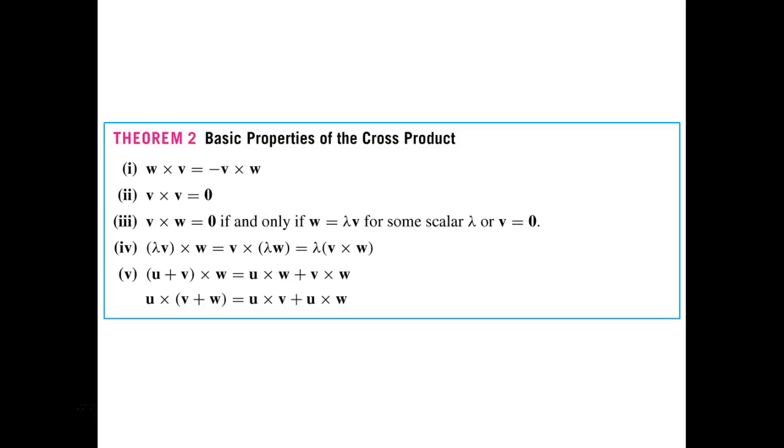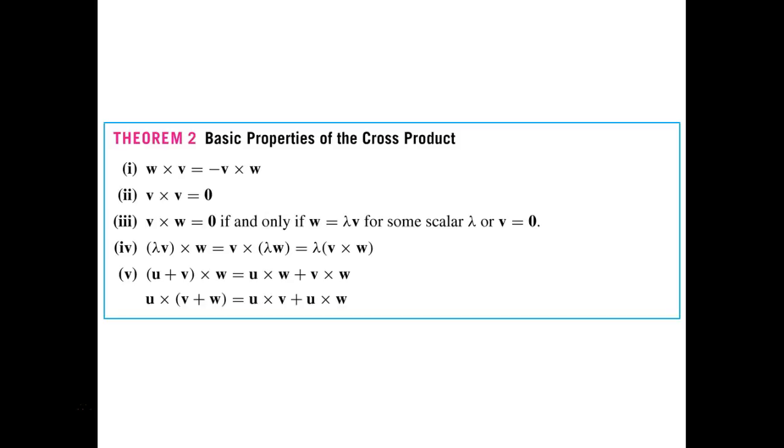Or the only other possibility then would be if V was the 0 vector, or you could say W is the 0 vector. I don't know why they say pick just V. So either one of these two is a 0 vector, or these are collinear with each other. That, to me, would be the better way of saying it. All right, then number 4.